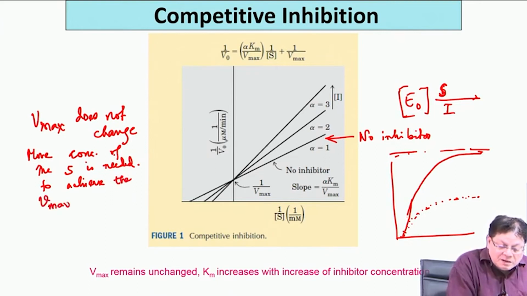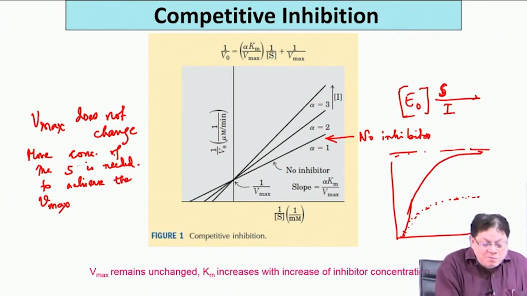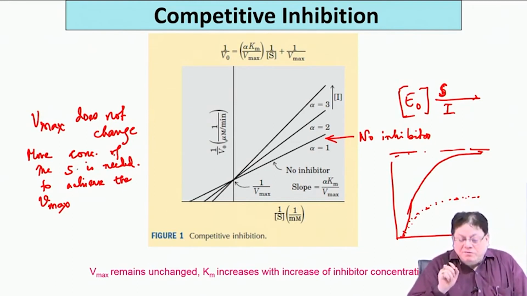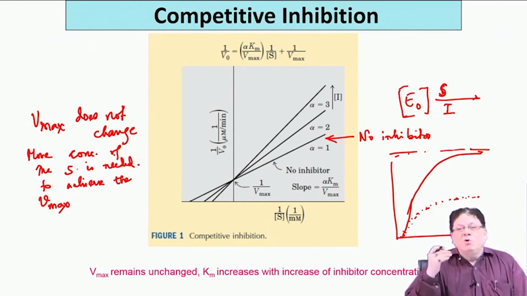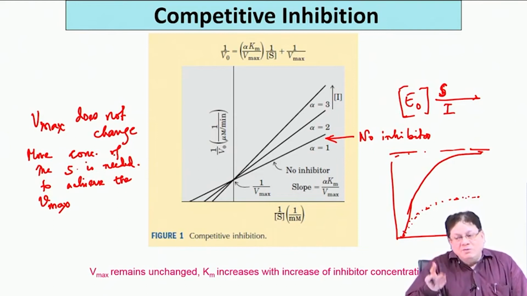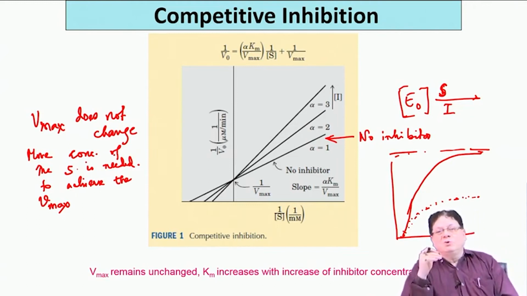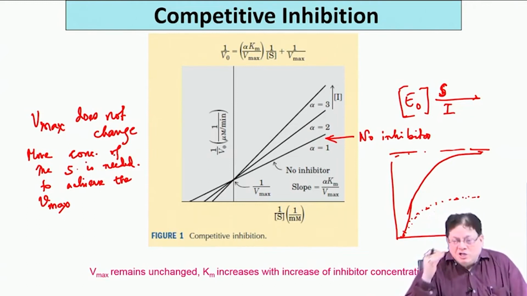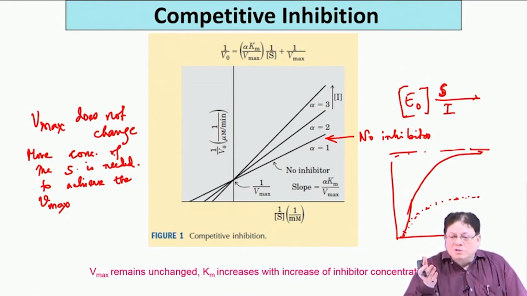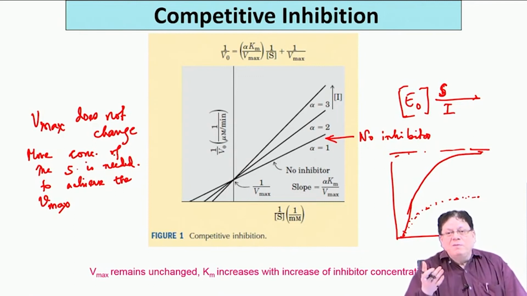If you need more substrate concentration to achieve the Vmax, that means you need more substrate to reach half of Vmax also. What is half of Vmax?